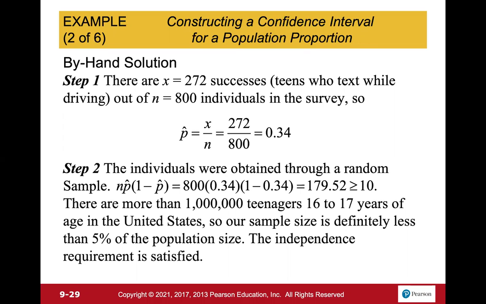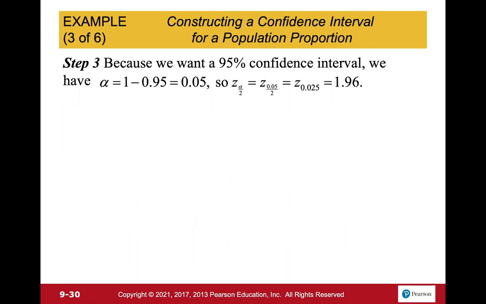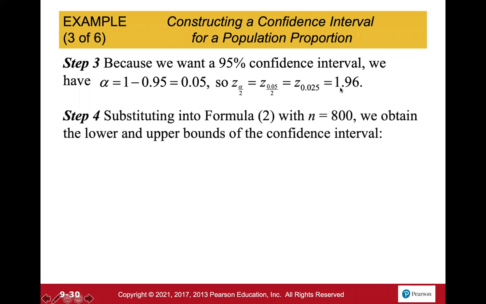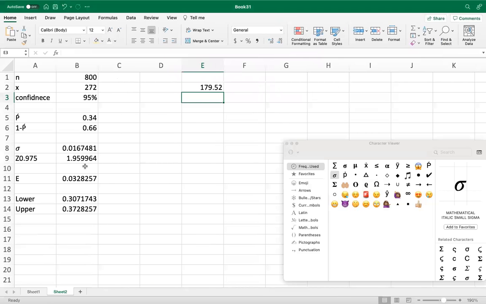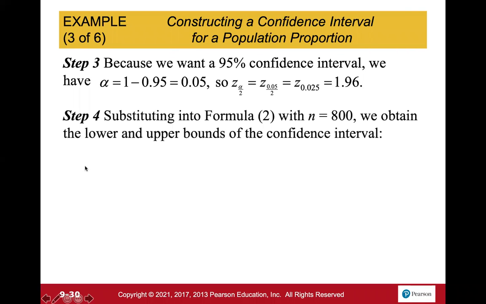So our sample size is definitely less than 5% of the population. Because we want a 95% level of confidence, what we did is we looked at these values. So 0.02, this would actually give us a negative value here, but 0.02 would have given this value. And it's very close to what we got. We got something a little bit more exact.